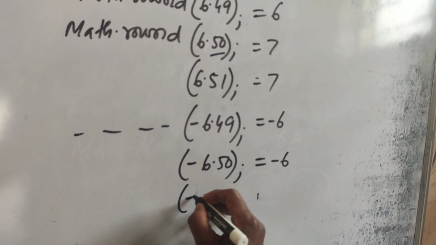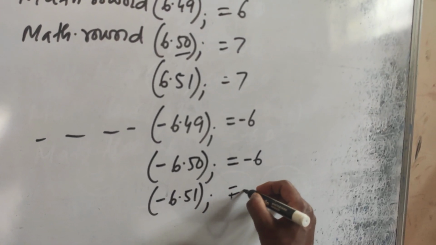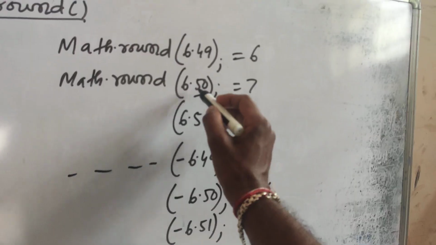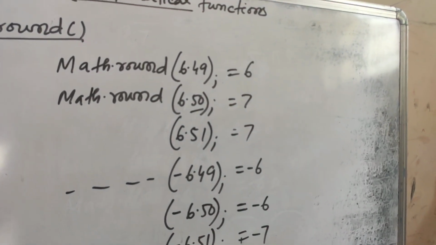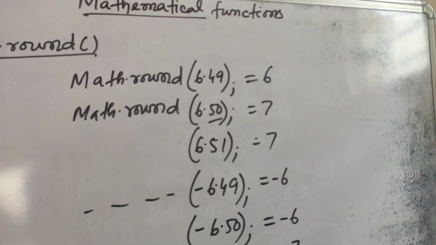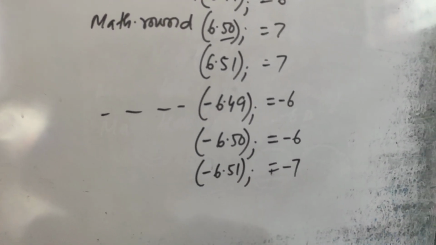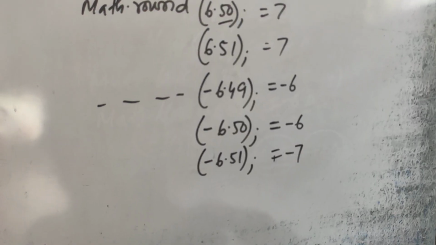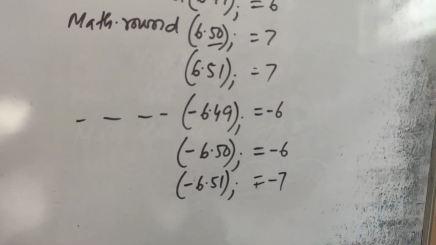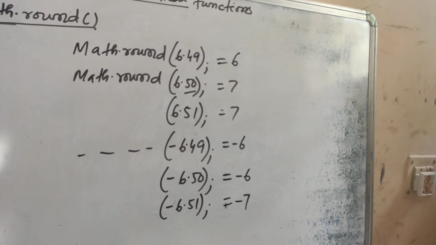If it is minus 6.51, then it comes minus 7. In the positive value, 0.50 and above gives the next integer. But for negative values it starts from 0.51. When it is 0.51 and above, then minus 7 will come. And every time this will come as an integer.